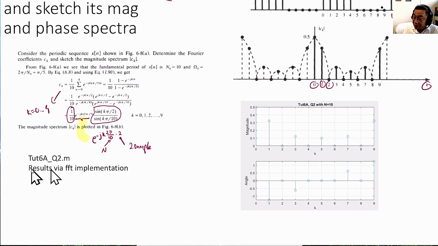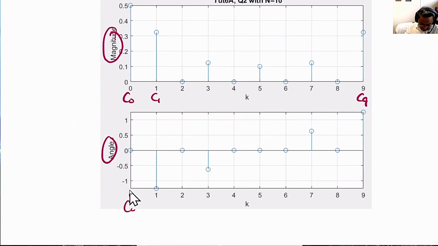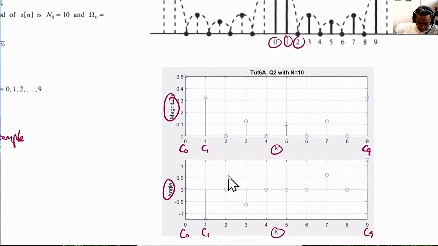I've written my MATLAB implementation here, and you can see that this is c0, c1 until c9 for the magnitude, as well as the phase for c0, c1 until c9, and the horizontal axis is k. And now let's compare.